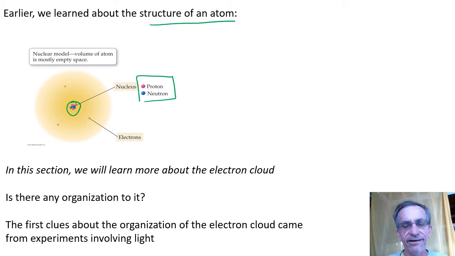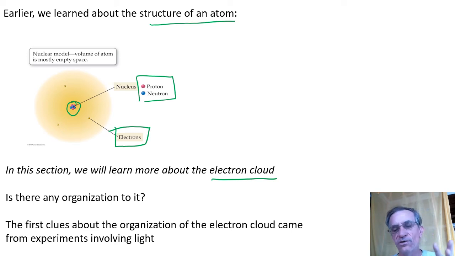This outer area is a lot less dense, and you'll sometimes hear it called the electron cloud. What we're going to focus on is whether there is any organization to this electron cloud. Is there a specific way the electrons are put together out there?